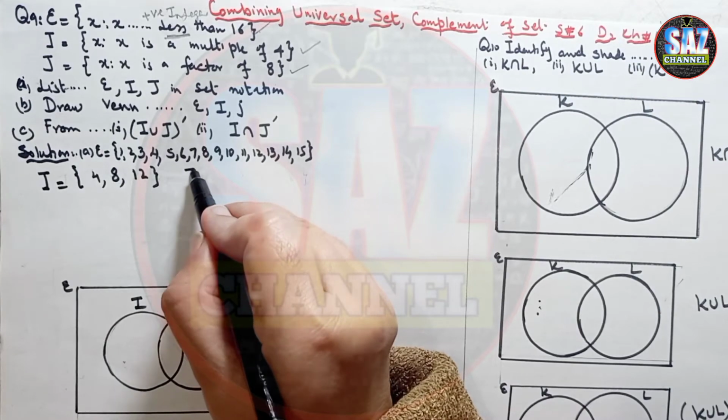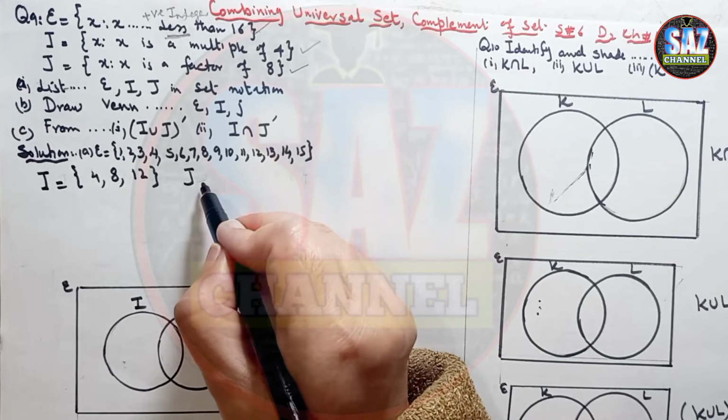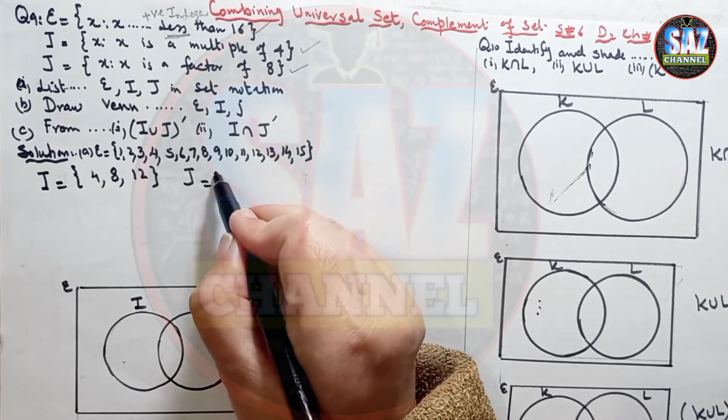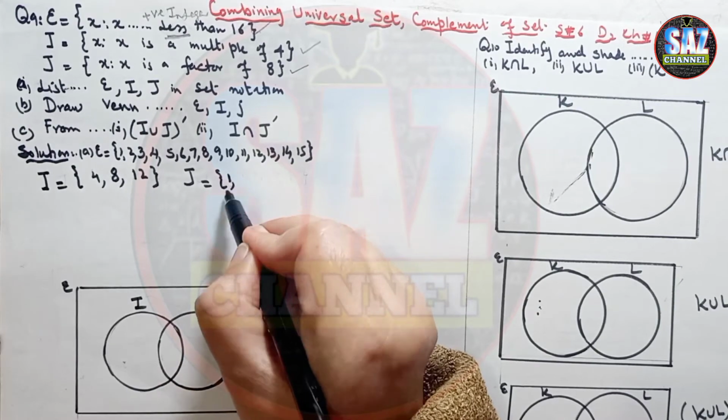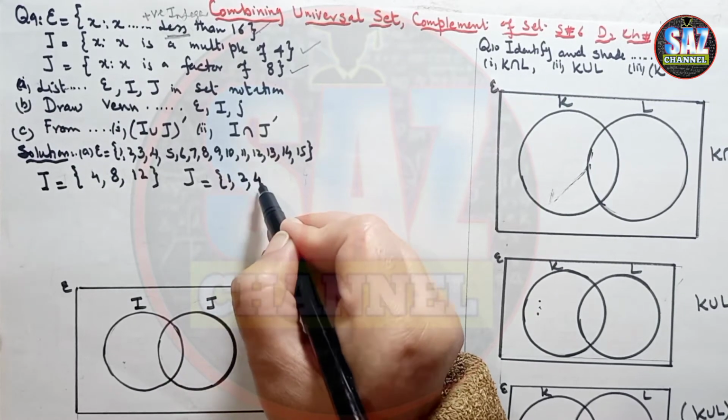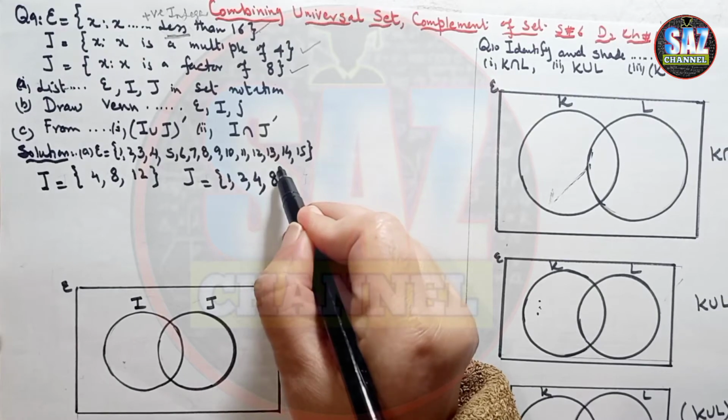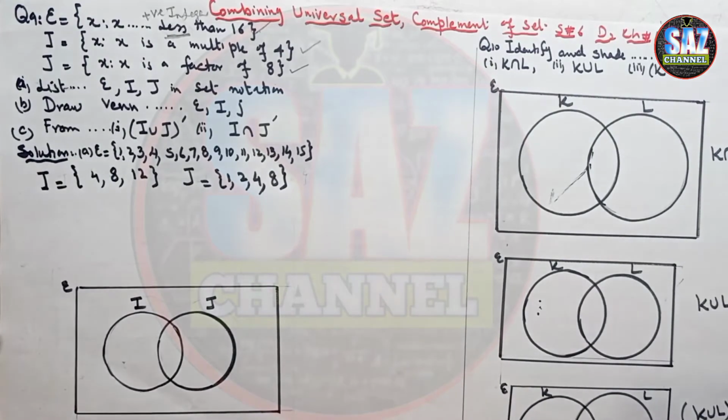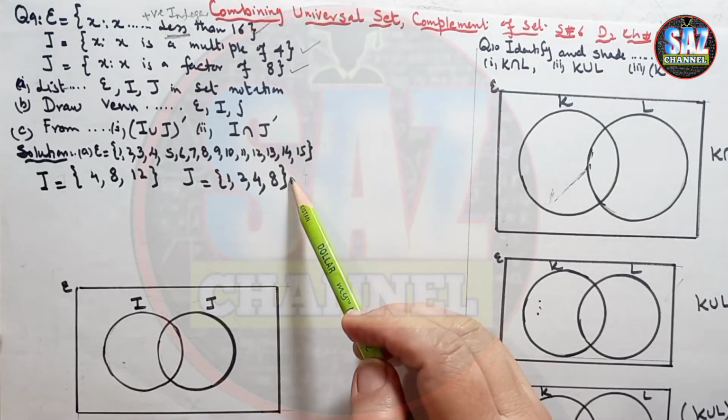Coming to set J, set J will consist of factors of 8. So 1, 2, 4, and then 8. These are the factors of 8. I hope you are clear about how we are writing the elements of universal and the subsets.